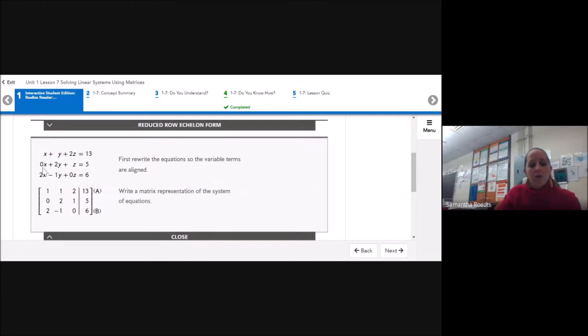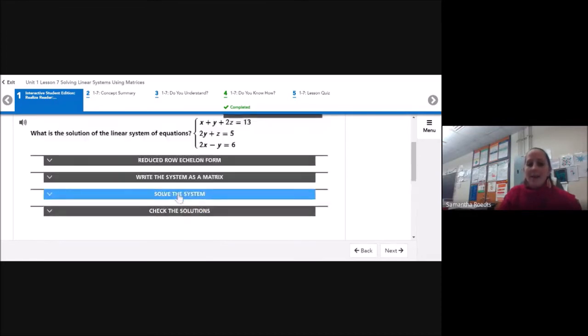There was no value for X, so you put in a 0, 2, and then 1Z equals 5, and then the last row is 2, -1, 0, 6, because there was no Z. Okay, make sure that you include the sign that's right in front of the coefficient. Okay, that will determine whether the coefficient is positive or negative.